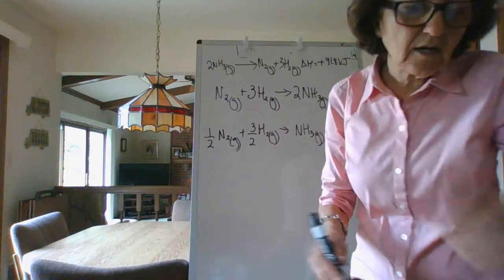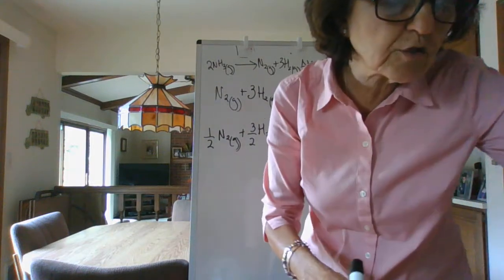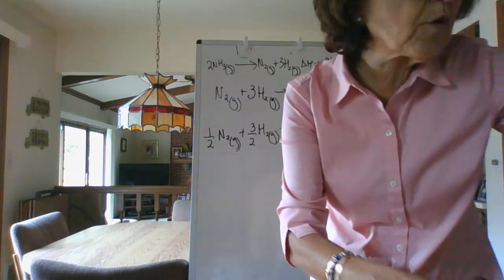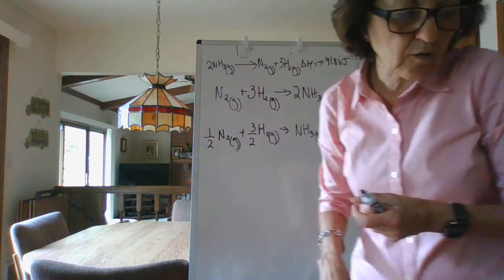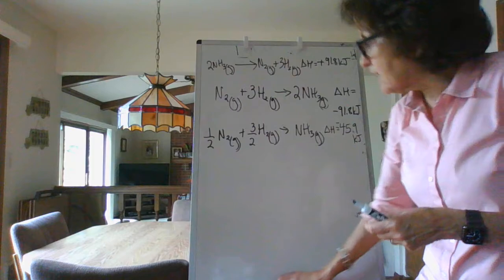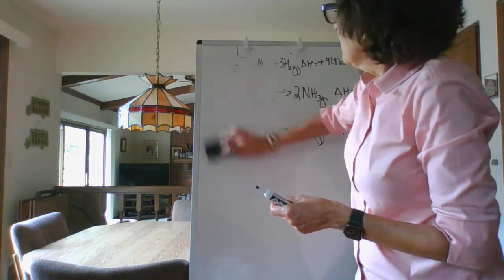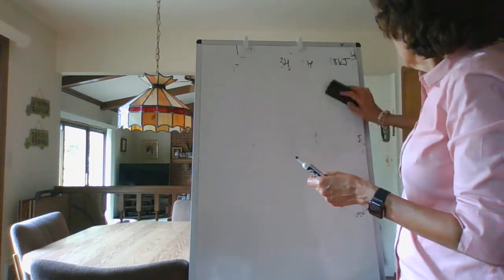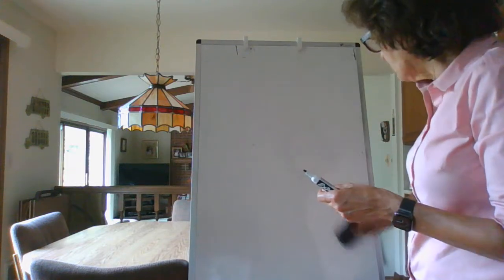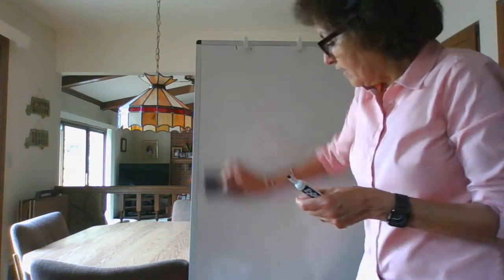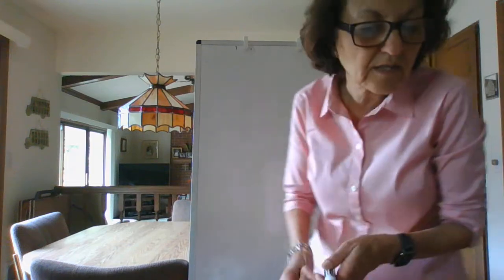So that's a quick summary on how to manipulate a thermochemical equation. Let me do another one for you guys. Here's one. Again, learning how to manipulate thermochemical equations will help you later on when we start playing around with Hess's law.